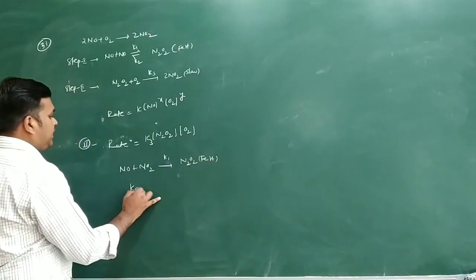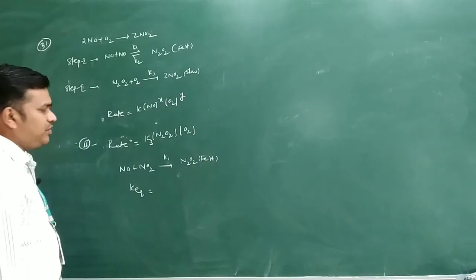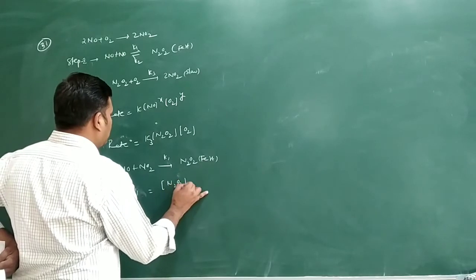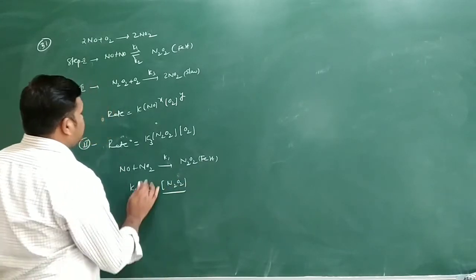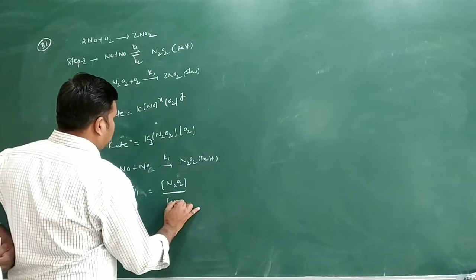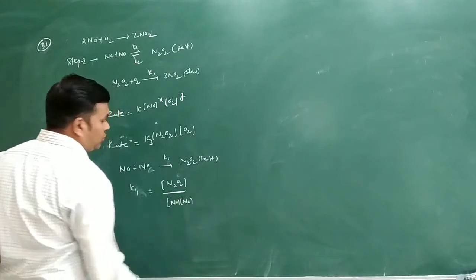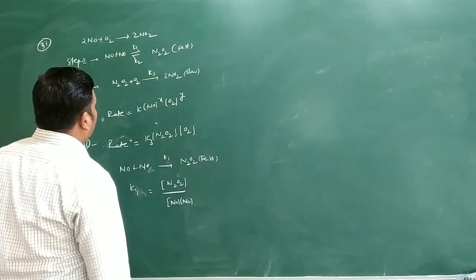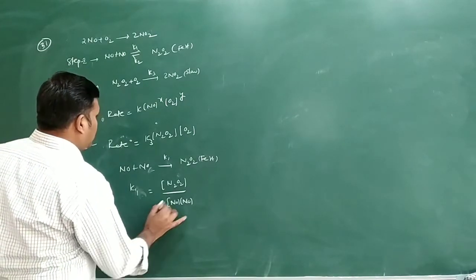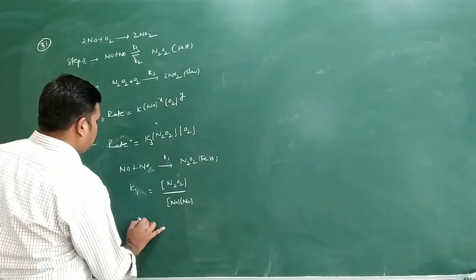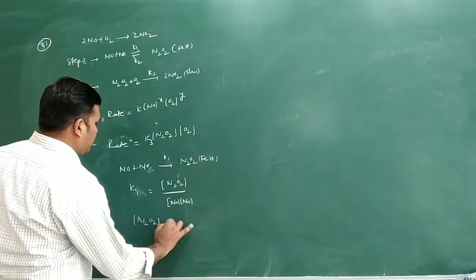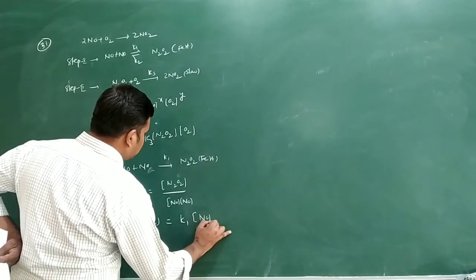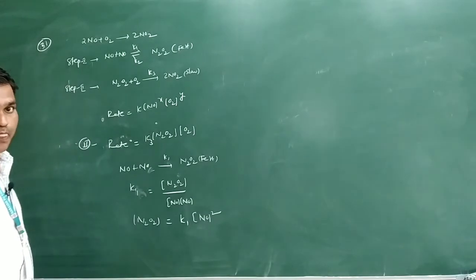For this I want to write the equilibrium constant, K equilibrium, or you can write K1, equal to N2O2 divided by NO into NO. Now what is required for us? N2O2 is required. So N2O2 is equal to K1 into concentration of NO whole power 2.